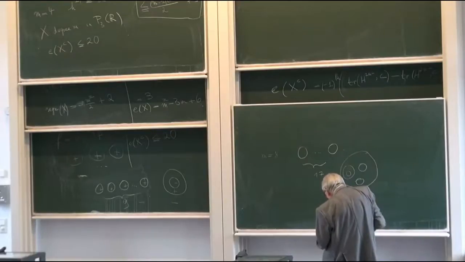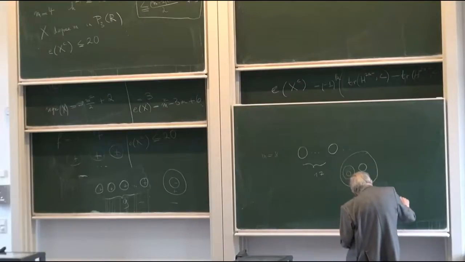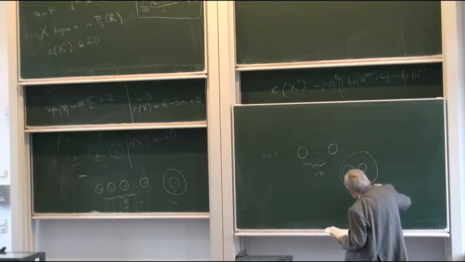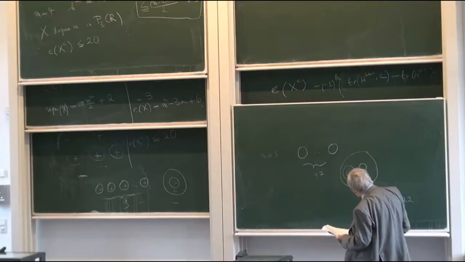No, 22. What is the M for n equal 8? We showed by Harnack, 7 times 6 over 2 plus 1. This is 22. 22 components. So this is an M curve, which Hilbert writes down.